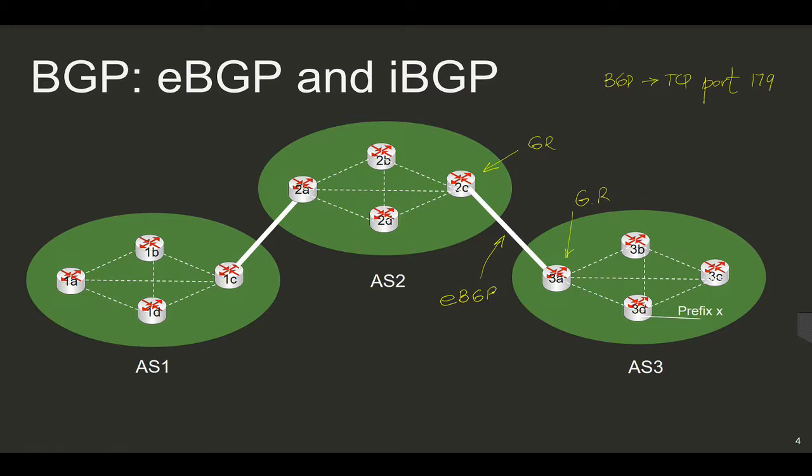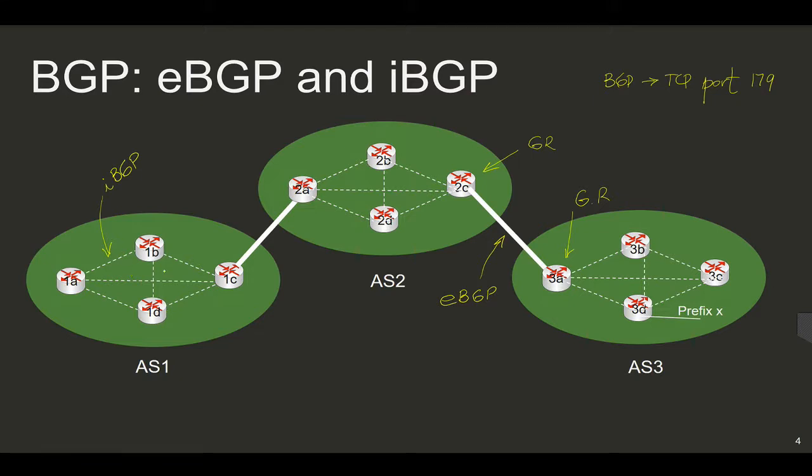And these dashed lines between all the routers inside each of the autonomous systems indicate that these are iBGP connections. So we have two parts for BGP: the protocol that is spoken between the gateway routers and the protocol that is spoken between the internal routers.